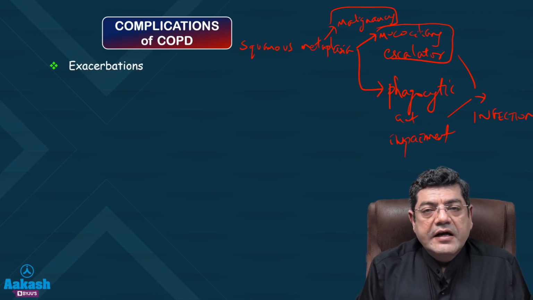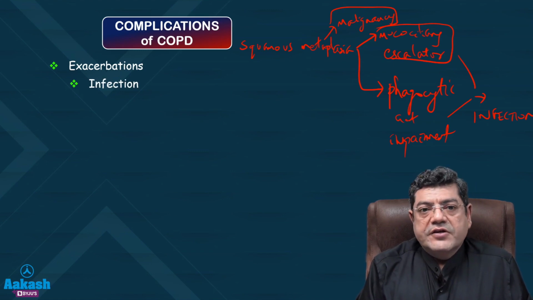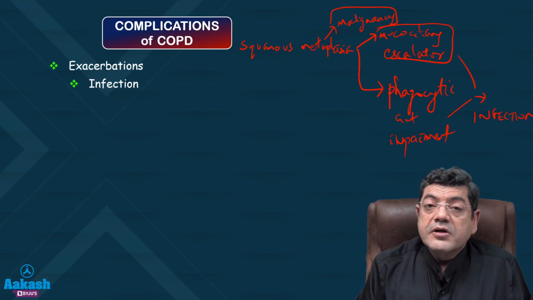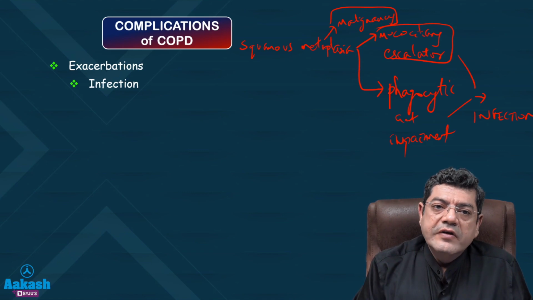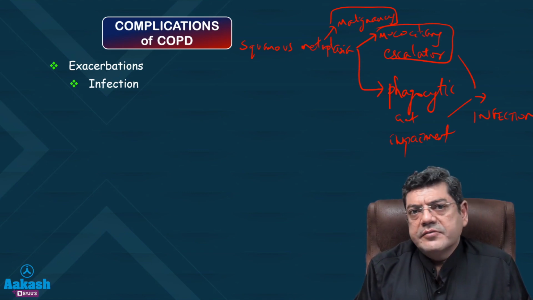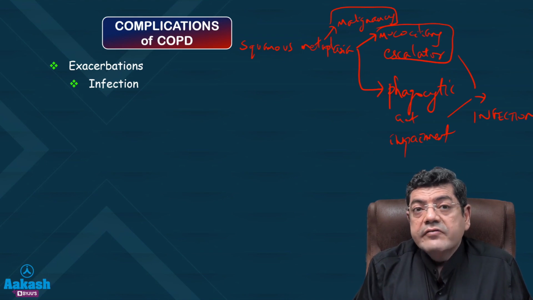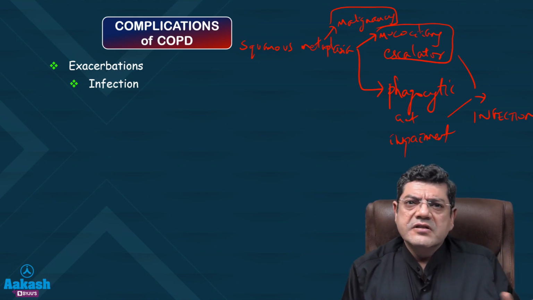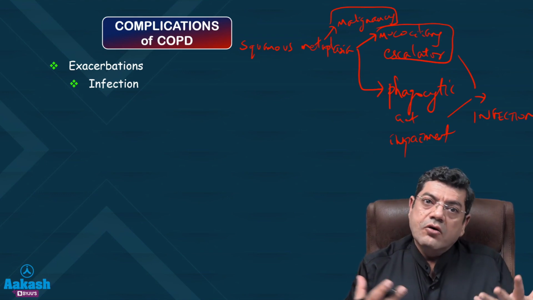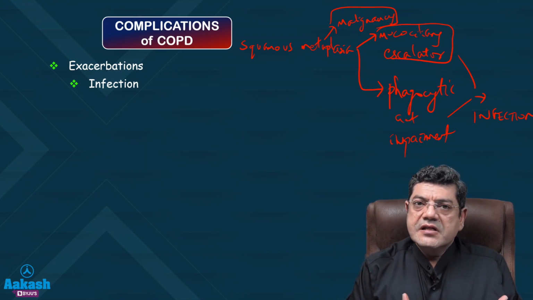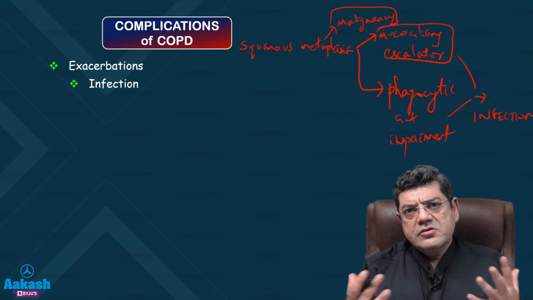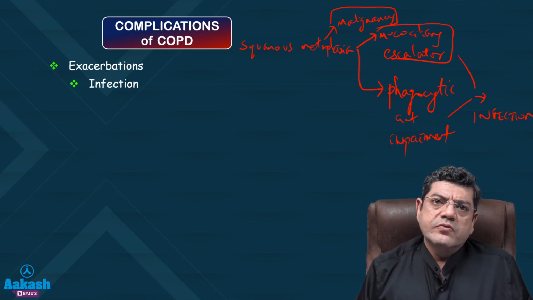So they can have exacerbations, the most common cause of which is an infection. Even a viral upper respiratory infection will cause a mild exacerbation of COPD, right? And why are we worried so much about an exacerbation? It is just, after all, a little worsening of what is already always there. These patients are always symptomatic, they have daily symptoms. What's so great about an exacerbation? Why are we so worried?